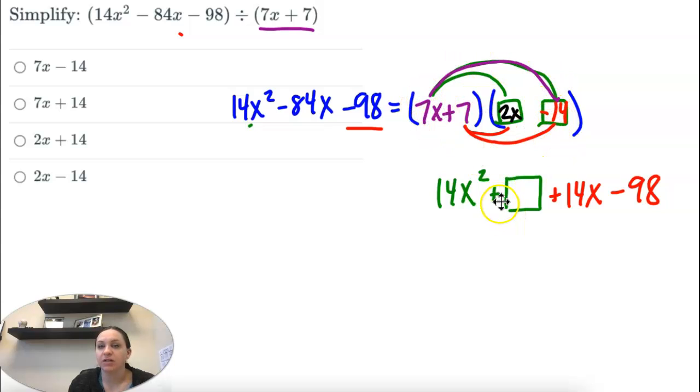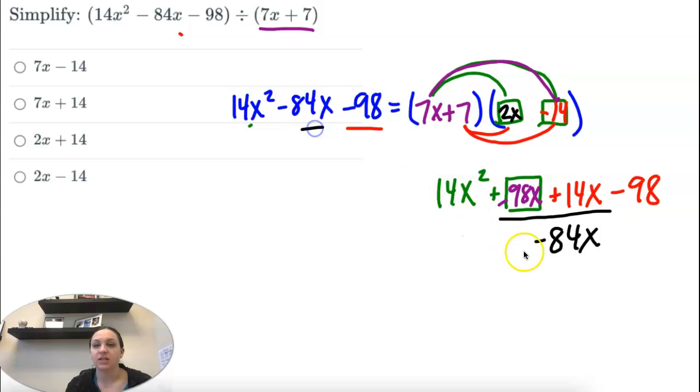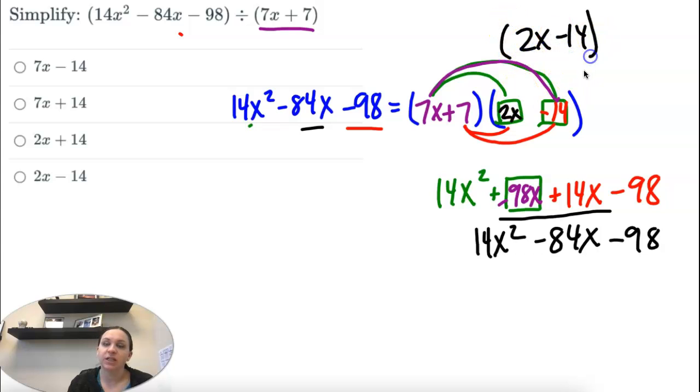Oh, 7 times negative 14 is negative 98, and then we have an x. Okay, so if I combine these middle terms, that's where the negative 84x comes in. And then 14x squared minus 98. So this factor, 2x minus 14, is what we would get if we divide those.